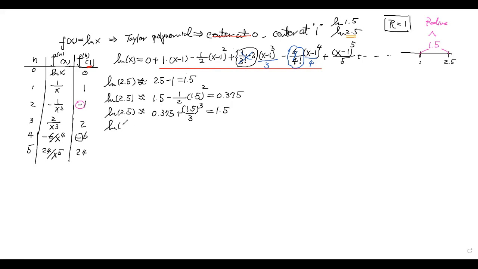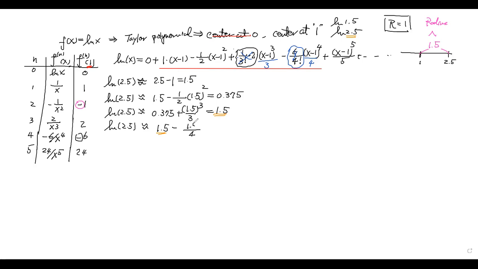Now let's take a look at 2.5. If you add one more term, it's minus, right? So the last term here, you use this 1.5 and move over here, it's a minus the last term, which is 4.